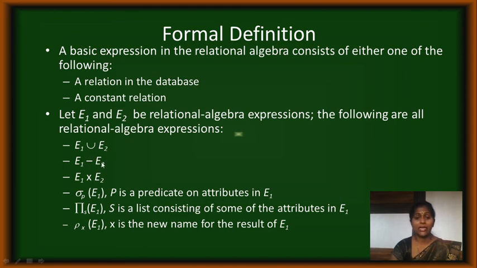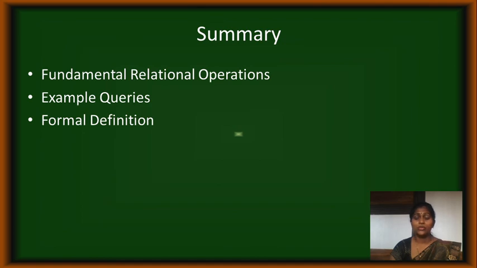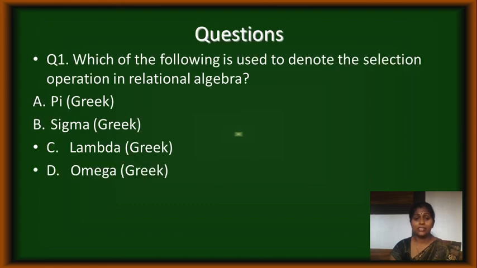Okay, E1 minus E2, E1 into E2, then rho, this is to select the particular element, this is to project, this is to rename. Similarly you can perform with the intersection also. So till now we have discussed relational operations and some of the examples and their formal notations. Okay, let us see some questions.